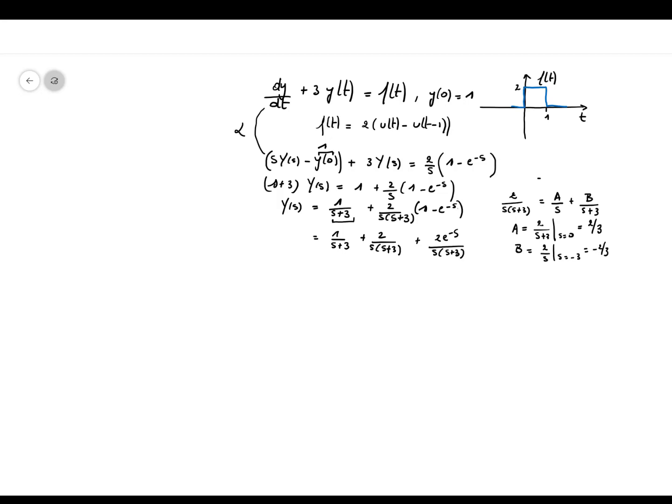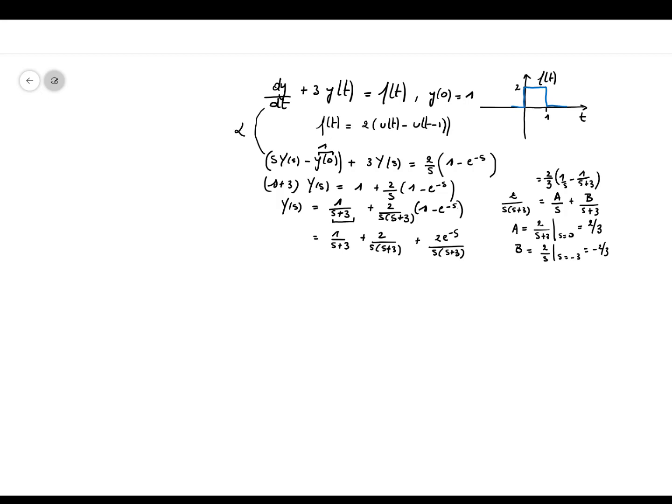Okay, so you can write it as 2/3 times 1 over s minus 1 over s plus 3. This looks correct. Okay, how do you check that? Well, you put everything on the same denominator and you can see that this will be okay, right?